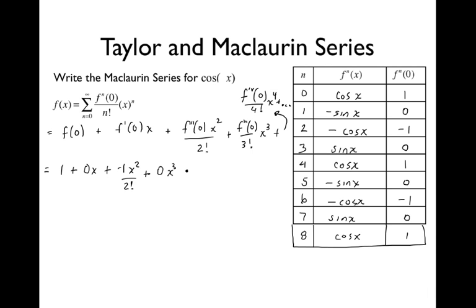Plus, the fourth derivative evaluated at 0 is positive 1, so 1 is the coefficient, x to the 4th over 4 factorial. What will be the next non-zero term? The next non-zero term will be negative 1, x to the 6th over 6 factorial, and the next one will be positive 1, x to the 8 over 8 factorial.